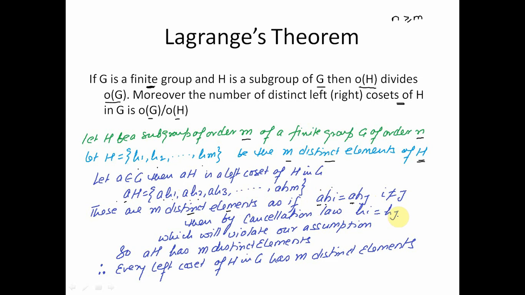So I'll get HI is equal to HJ, which goes against my original assumption. My original assumption was H1 and H2 up to HM are distinct elements. So AH has M distinct elements. In fact, every left coset of H in G has M distinct elements.